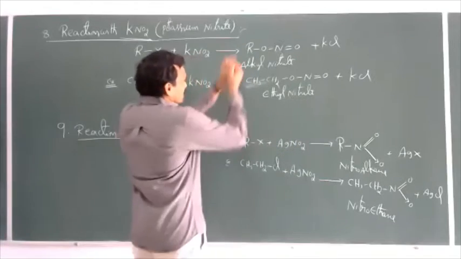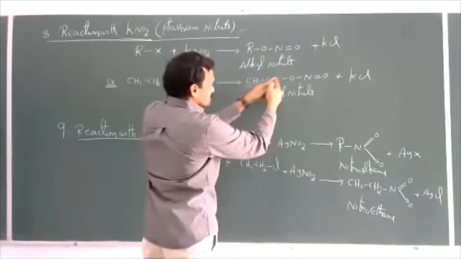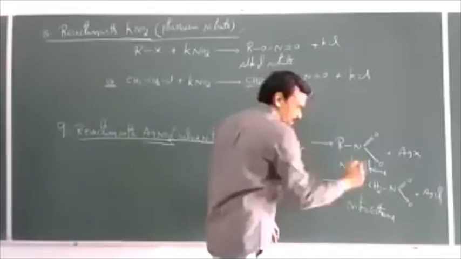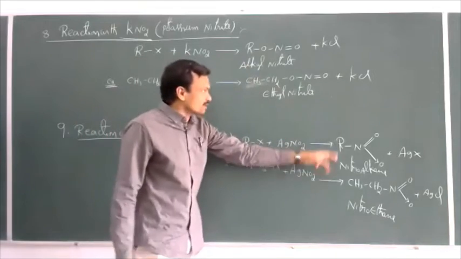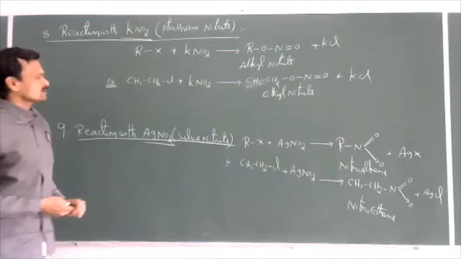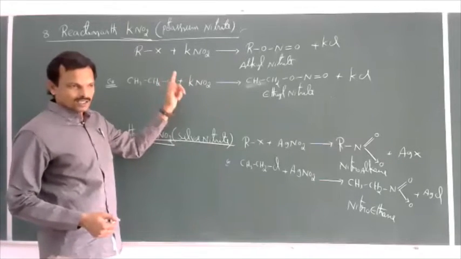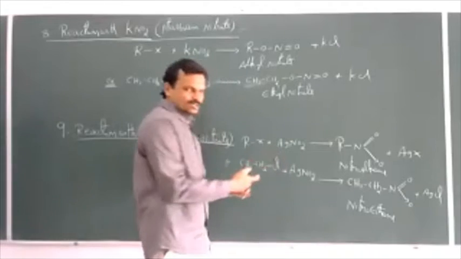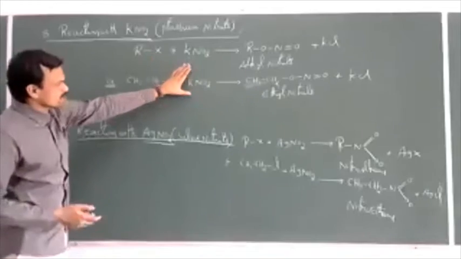See here, the oxygen of the nitrite group is attached to carbon, whereas here the nitrogen of the NO2 group is attached to the carbon. So alkyl nitrite and nitroalkane are functional isomers. And in this case, the reaction takes place by ionic mechanism, whereas in this case, the reaction takes place by covalent mechanism.